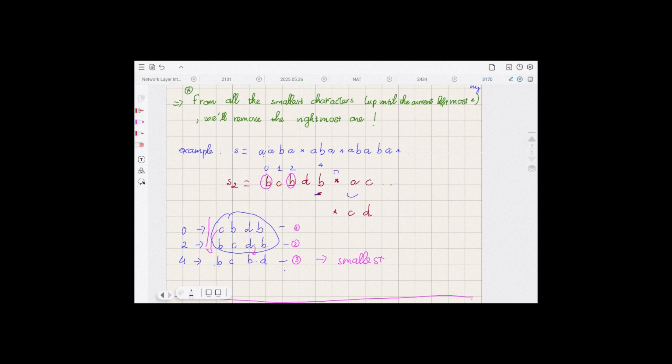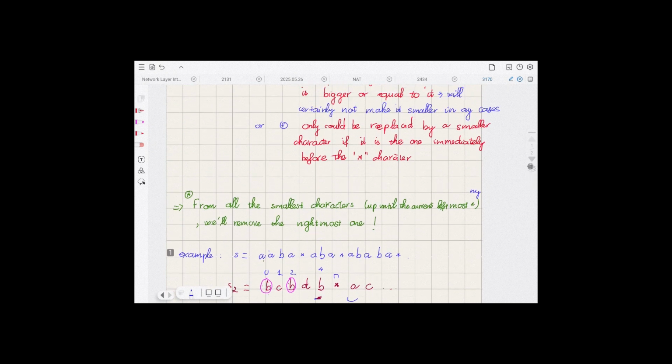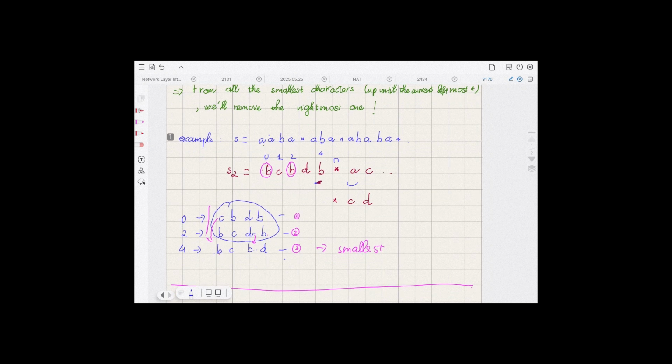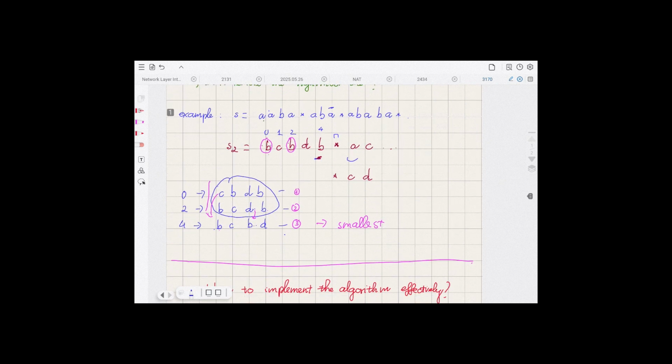Basically, it's just a greedy one. We look through the characters, and when we encounter a star character, we always remove the current smallest character at the rightmost position, right?